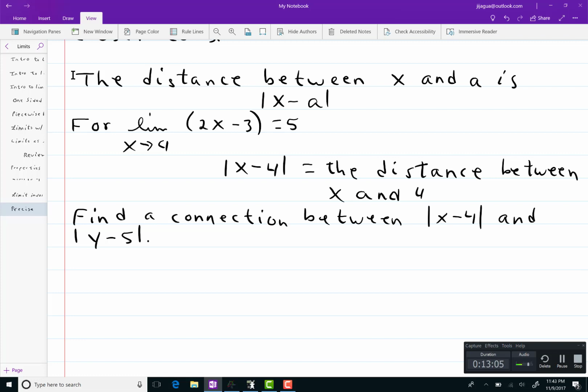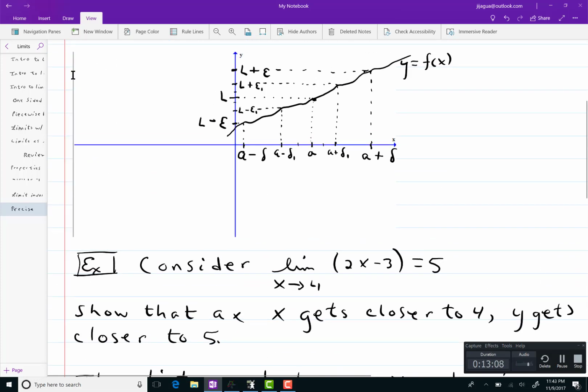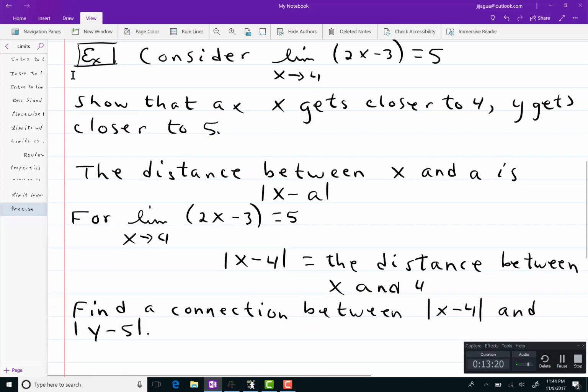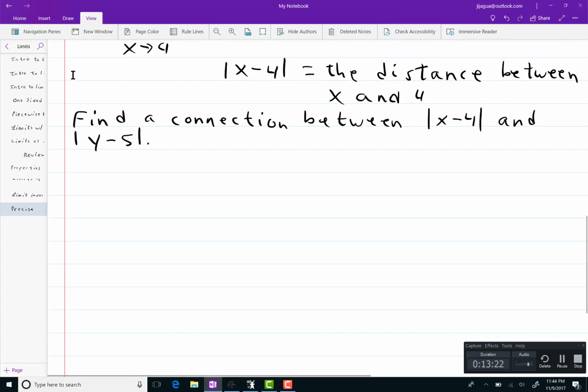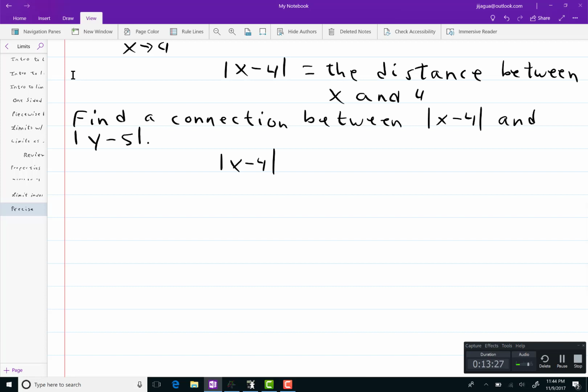If you look back at the picture I had up here, I considered a to be the center of an interval that would stretch from a minus delta to a plus delta. I can rewrite that as this: the absolute value of x minus 4 less than delta is no different than negative delta less than x minus 4 less than positive delta.